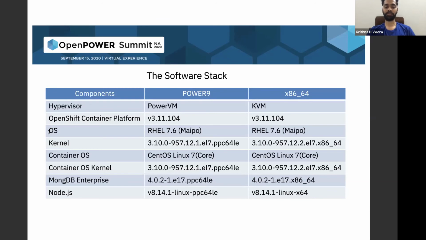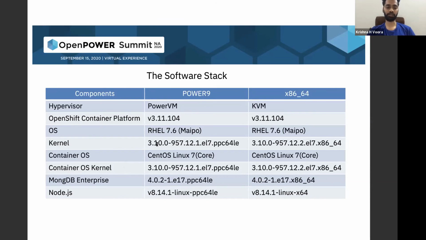The operating system then compatible was RHEL 7.6 across both Power 9 and x86, and the kernel with which it was coming was 3.10. The container, which was bundling both Node.js and MongoDB binaries, was on top of CentOS, and the kernel was almost the same because it basically shares the host kernel.